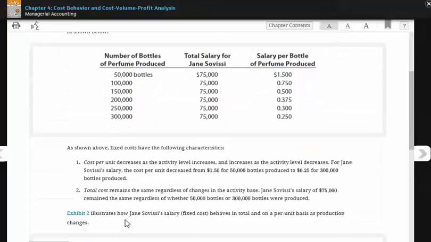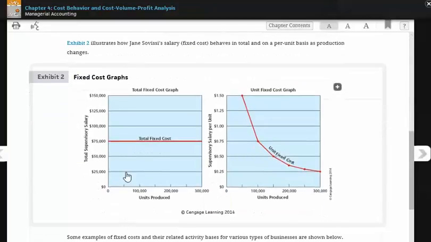Let's look at the graph here for a moment. As you can see, the total fixed cost remains the same regardless of the number of units, so it's just a flat line.